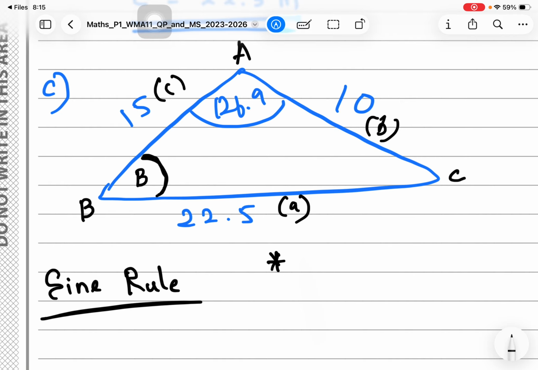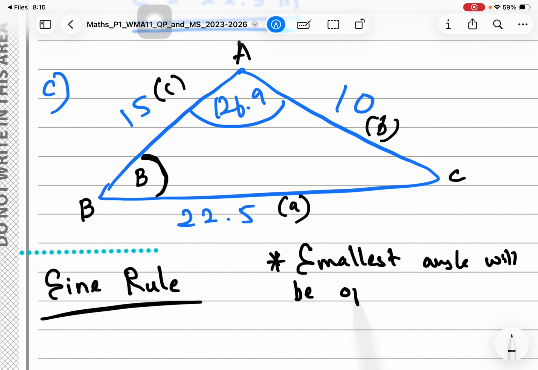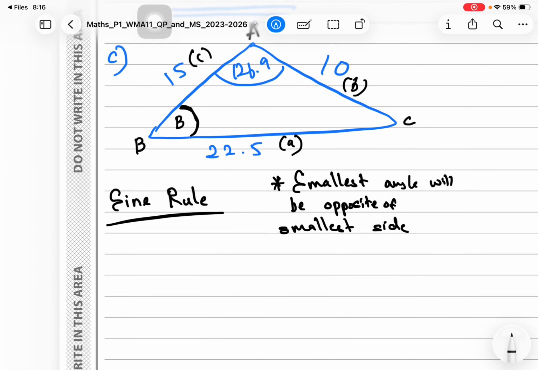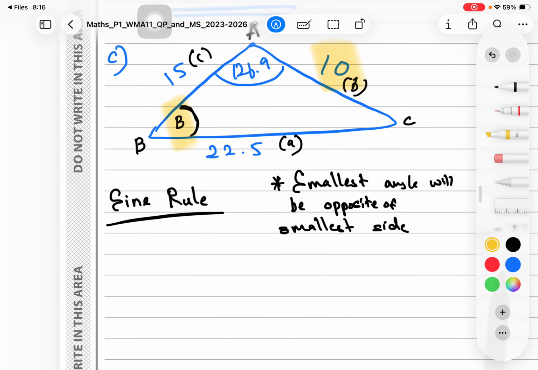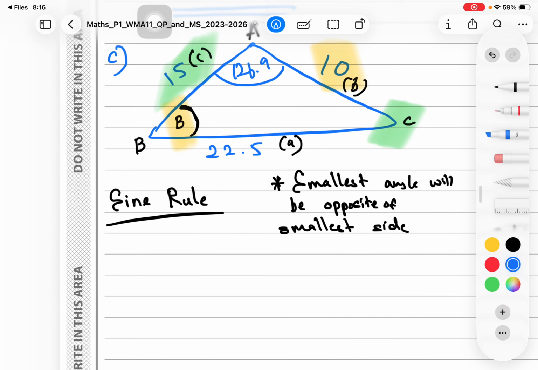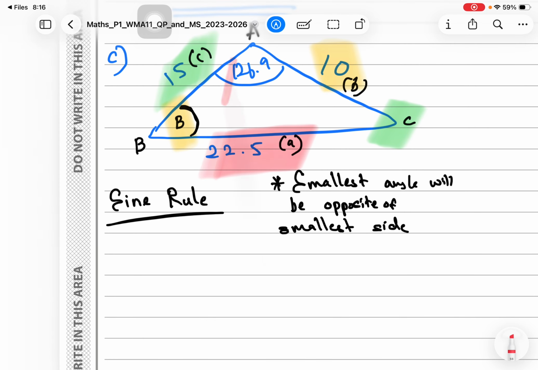You also have to write the fact that the smallest angle is opposite the smallest side. So our goal is this one.